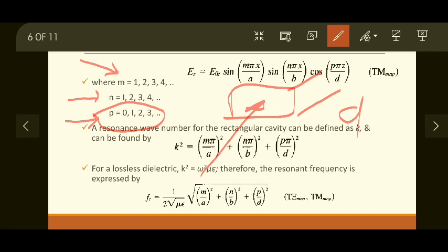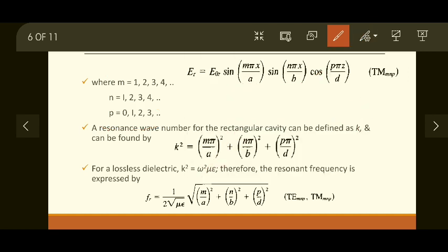Again, half wave periodicities for m, n and p are the same as the TE mode, but this is the equation for TM mode.